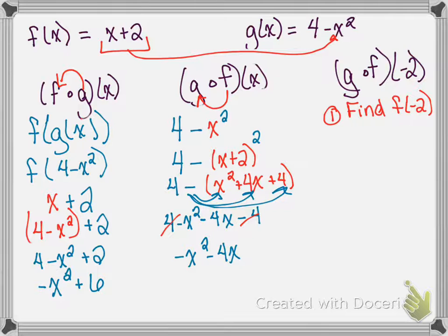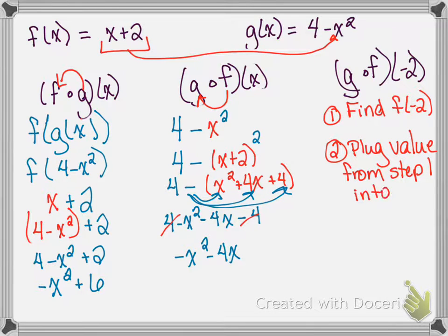Whatever f of negative 2 is, you're going to find it. Then the second step, plug the value from step 1 into g of x.